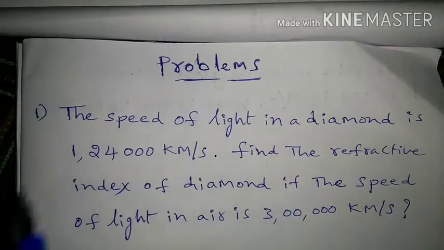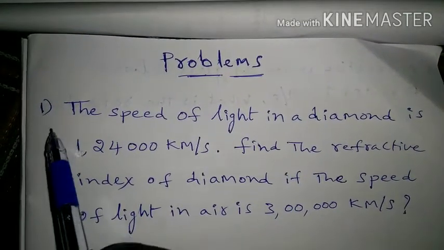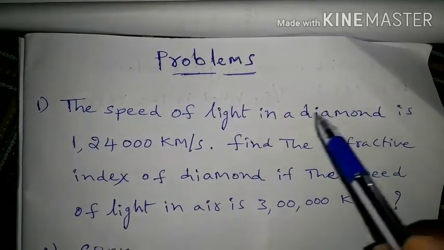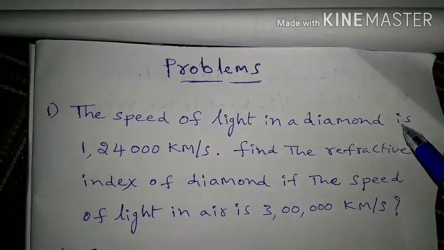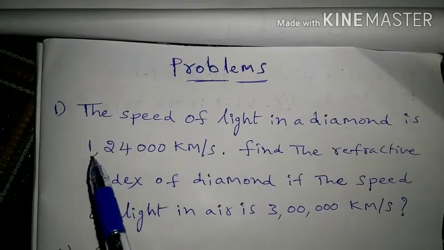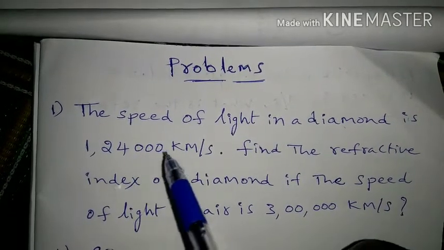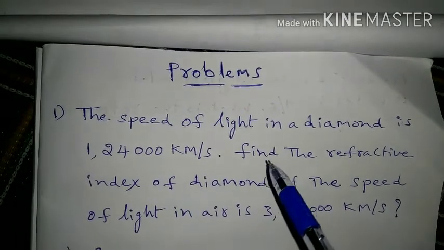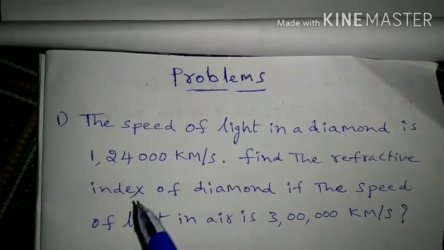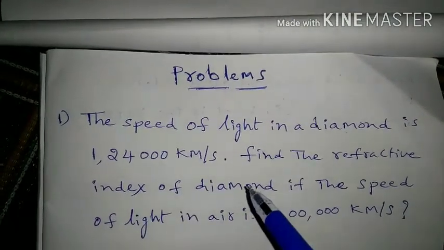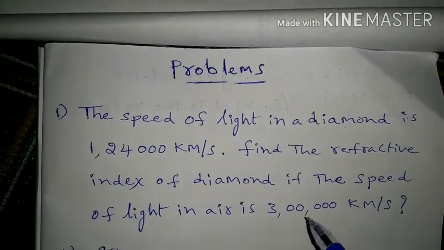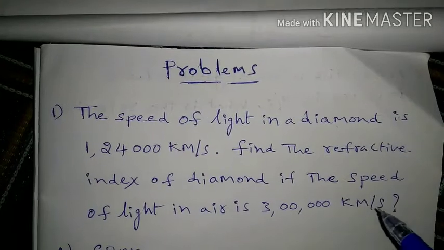Solve the problems. First problem: the speed of light in diamond is 1,24,000 kilometers per second. Find the refractive index of diamond if the speed of light in air is 3 lakh kilometers per second.